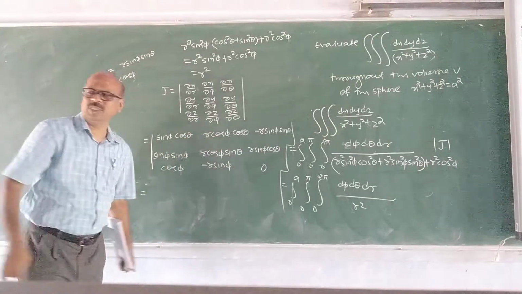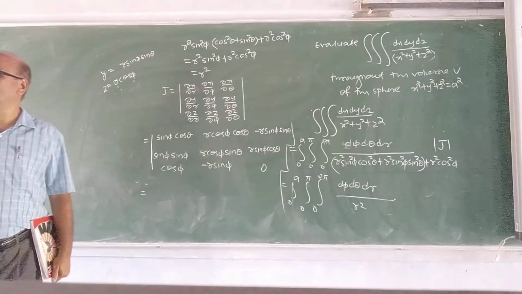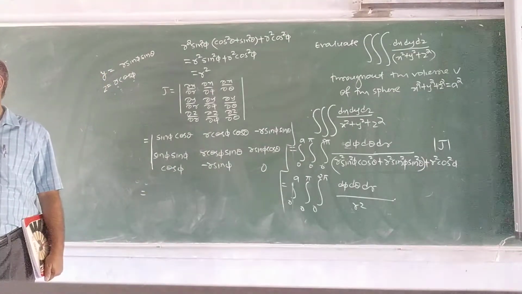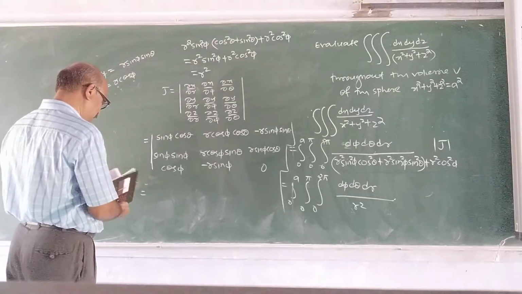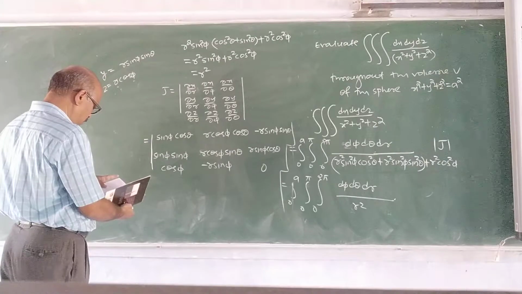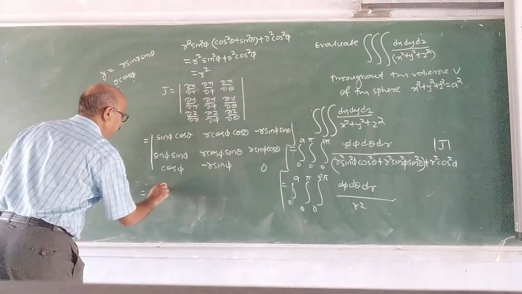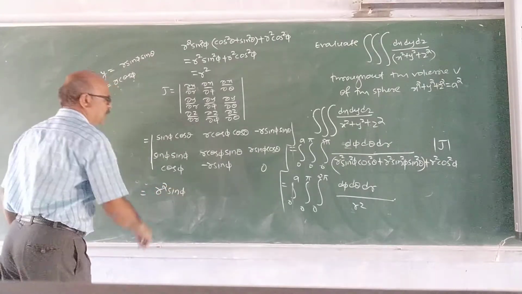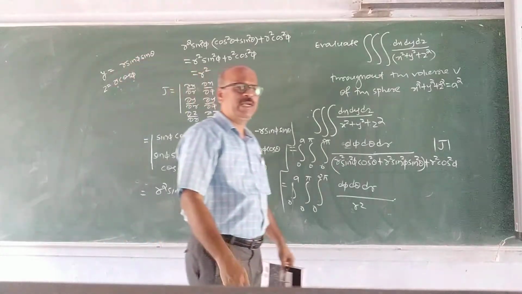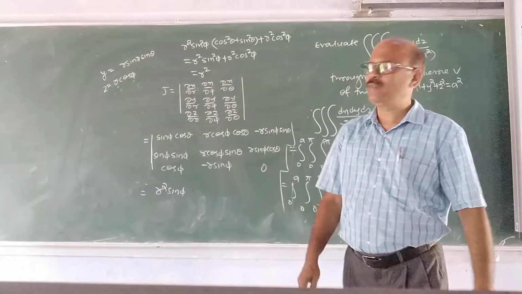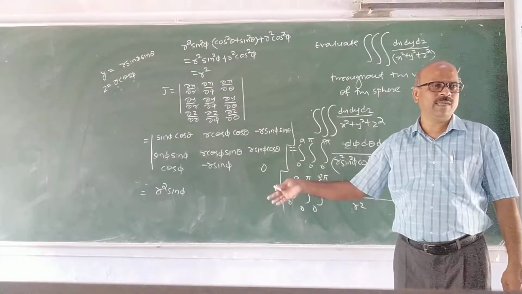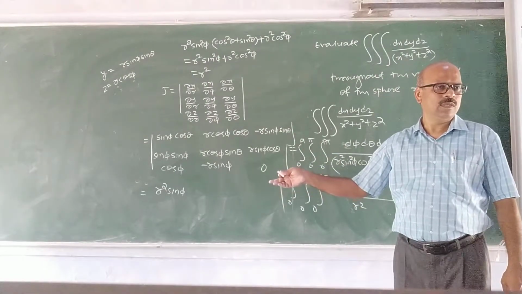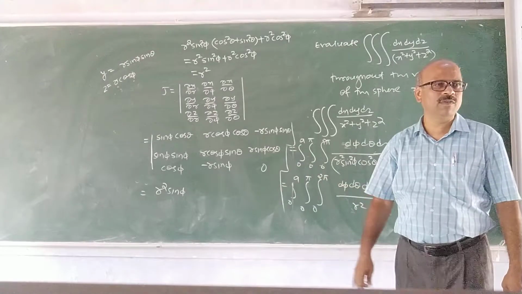Evaluate this. How to evaluate? You know the expansion of a determinant. Don't use the properties here, directly evaluate. Expand the determinant and I write the answer here: r square sin phi. You simplify by expanding, you will get r square sin phi. Leave some space there for the notes, as one page I think is required to evaluate.